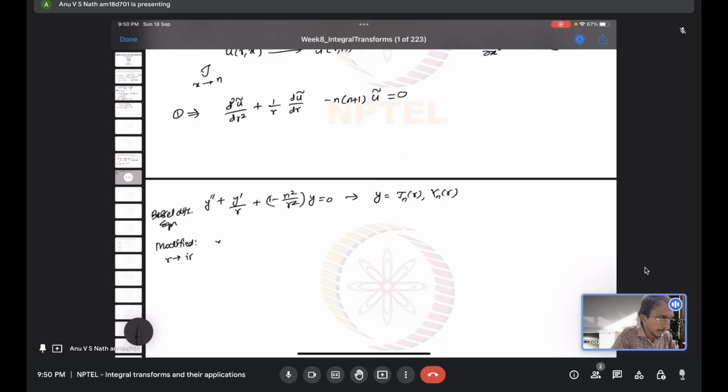So at that time you will find y double prime, because it's a second derivative, will have a minus 1, so d square y by dr square, and then the first derivative. Now when you do this transformation, you will have an i square coming along, so that i square will give a minus here. Similarly, that minus will come here as well, and the third time also you will have minus r square.